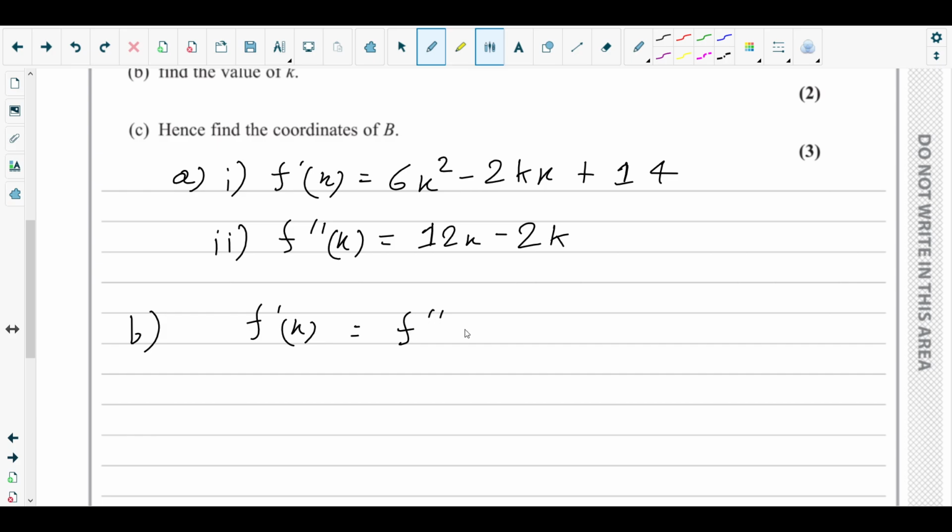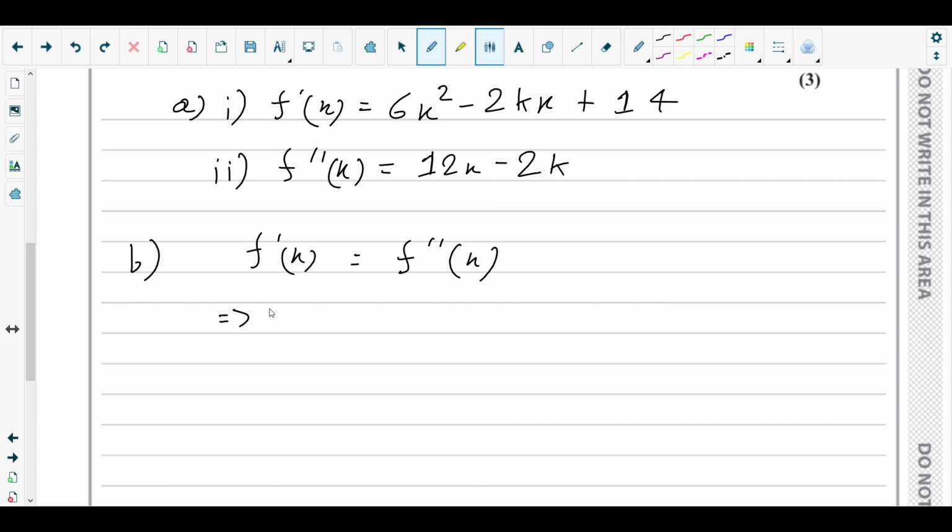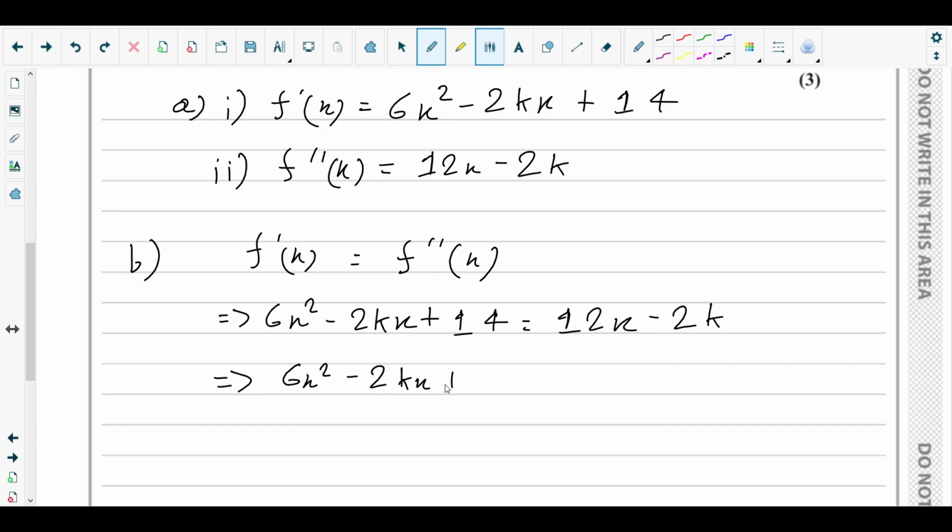Equating the equations, you get 6x squared minus 2kx plus 14 equals 12x minus 2k. Now we take all the terms on the same side. So you will get 6x squared, take 12x minus 2k to the left, so you get minus 2kx plus 2k plus 14 equals 0.